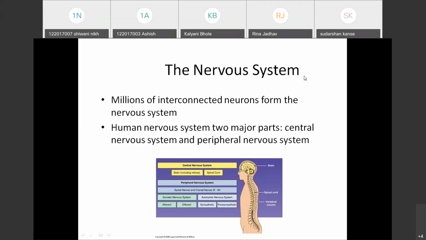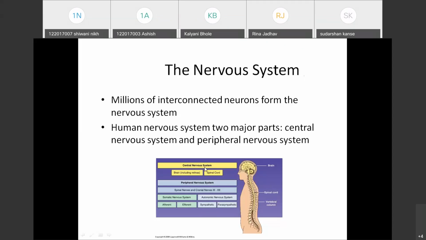That is how a peripheral nervous system works. We call it a peripheral nervous system or another nervous system. And the central nervous system is where the brain and the spinal cord, the main controller, take part. That is a part of the central nervous system.